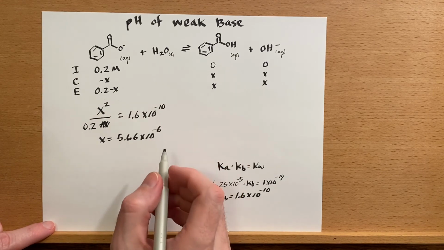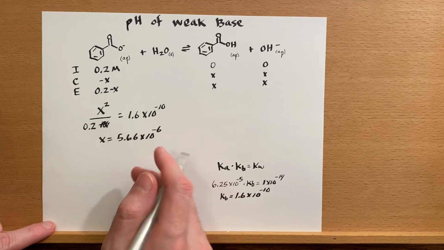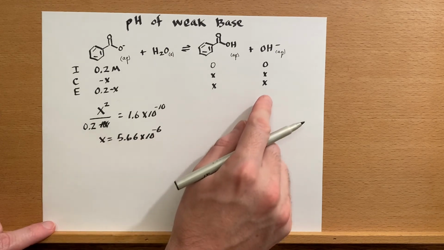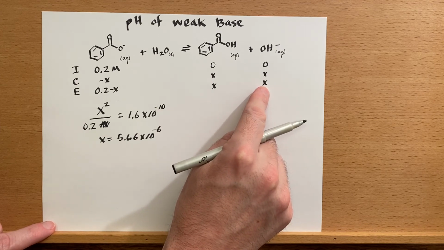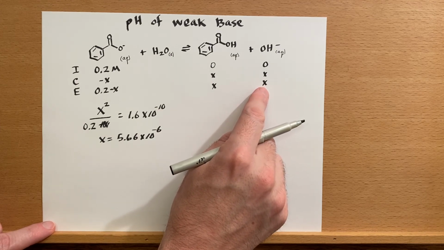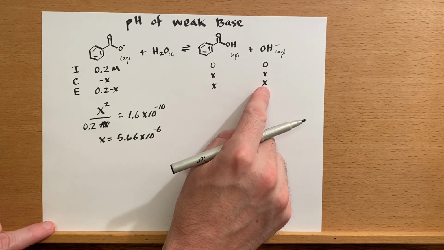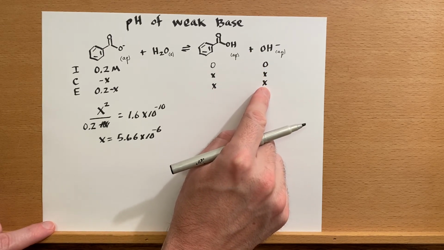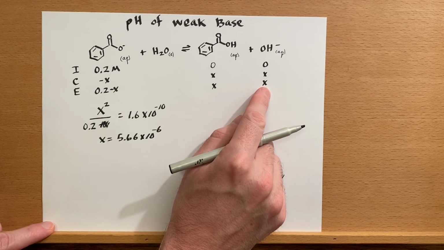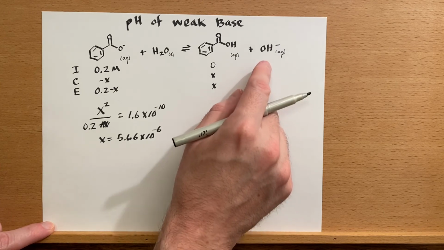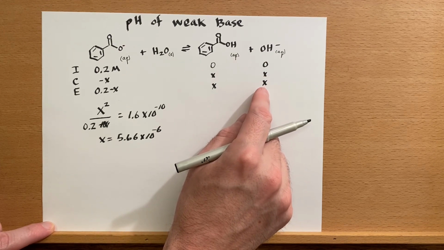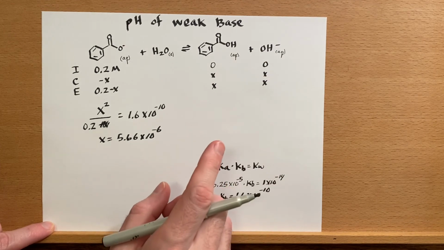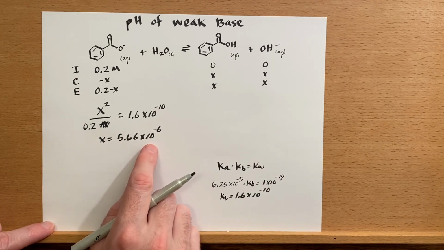Now, before we get too ahead of ourselves, I always like to look back at the reaction and see what x was calculating. And in this case, the relevant thing to look for is the hydroxide ion. In our previous example, where we were calculating for a weak acid, x would have been H+. But since this is a base, it's hydroxide ion. So we cannot just immediately take negative log of this to get the pH.